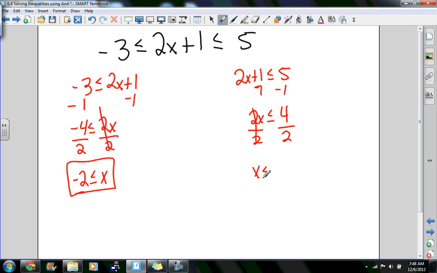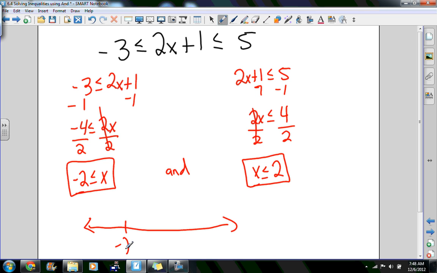Okay, and if this is too fast for you for solving equations, then we need to go back and practice this some more, because we've been doing these for like 4 chapters. So I'm hoping that this part here is something that you all can do. Okay. The graph, I'm going to be shading, this is a closed circle, and I'm going to be shading to the right.